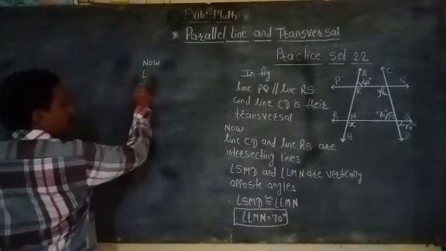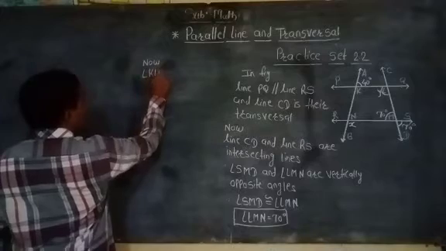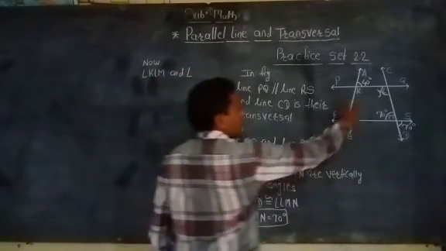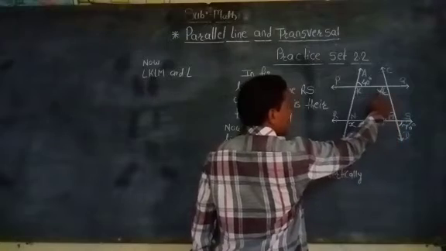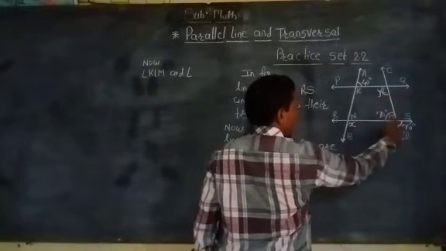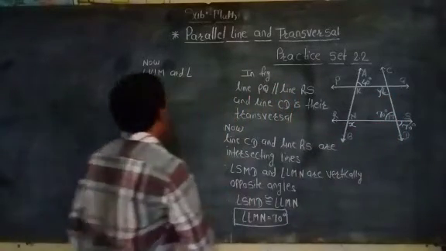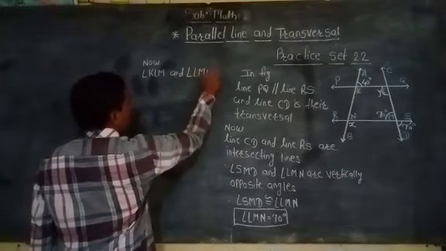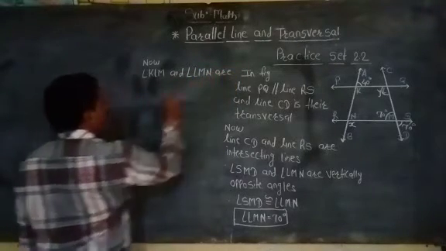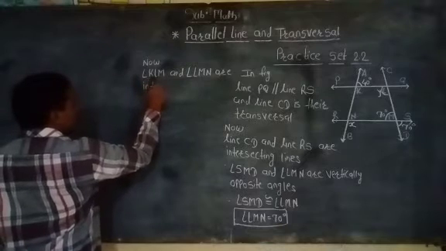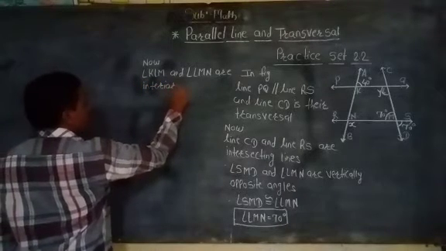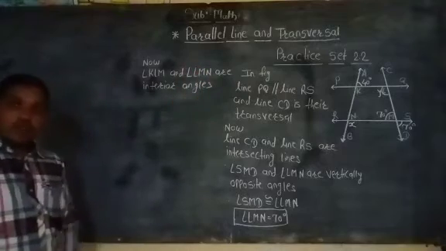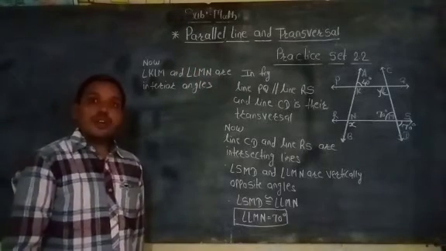Now angle KLM and angle LMN are interior angles, and we know that the sum of the interior angles is 180 degrees.